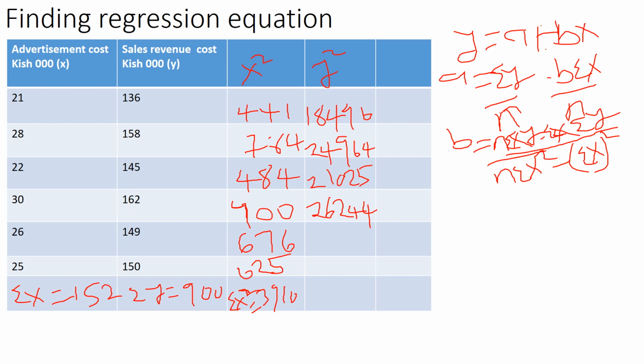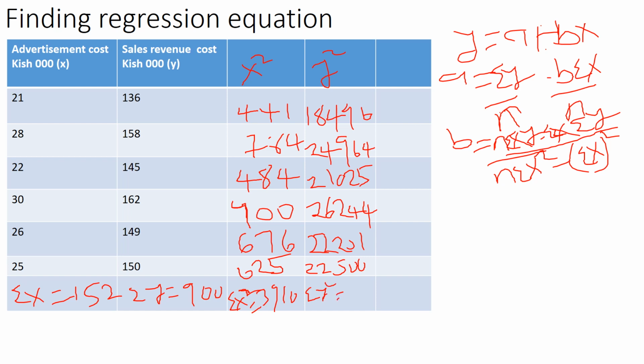And then I square 162, which is 26,244. Then I square 149, and this one I get 22,201. And then 150 squared is 22,500.